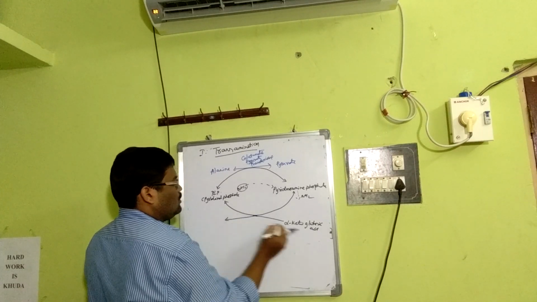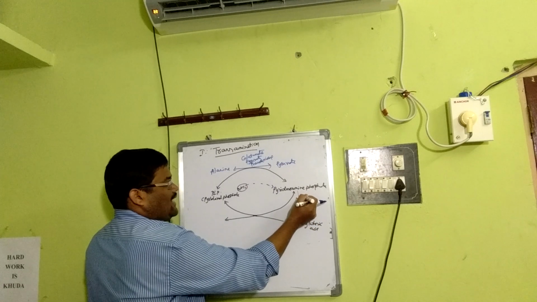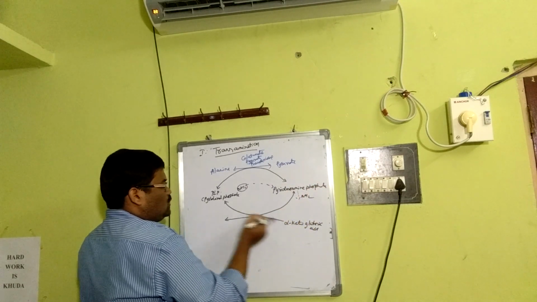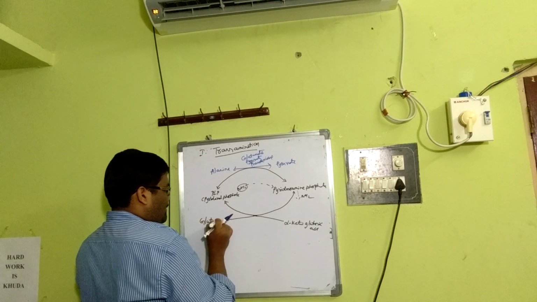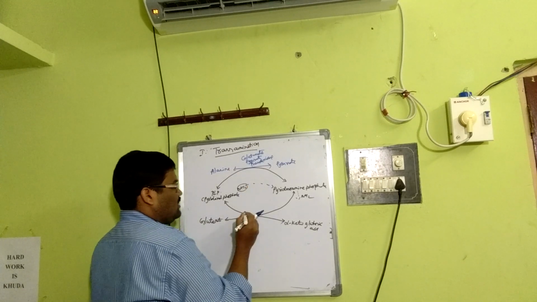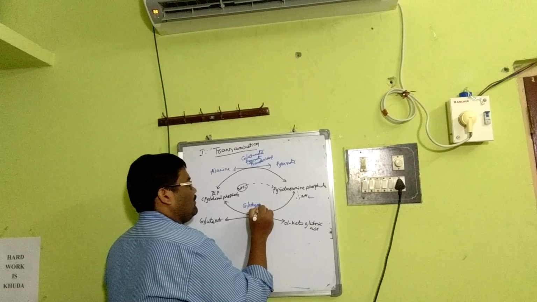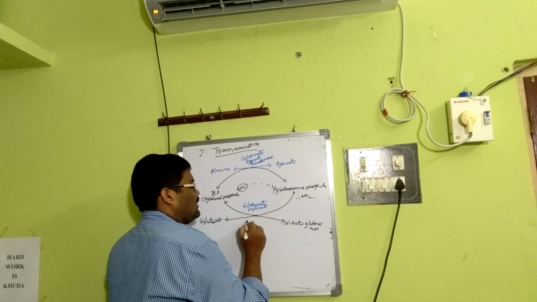Alpha keto glutaric acid accepts the amino group from pyridoxamine phosphate to become ultimately glutamate. The same enzyme here also, glutamate pyruvate transaminase.